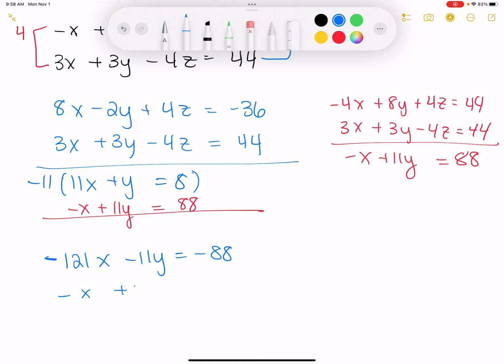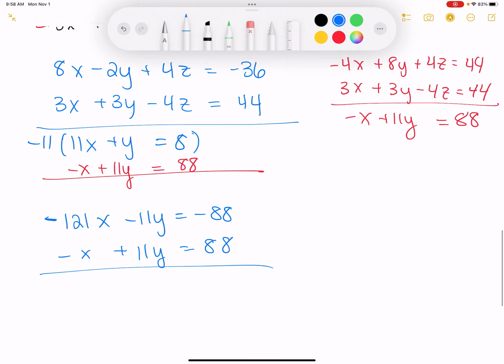And then I can just copy down the bottom one. Alright, so the y's cancel, the 88's cancel. So negative 122x equals 0, so x equals 0. That worked out kind of nicely.